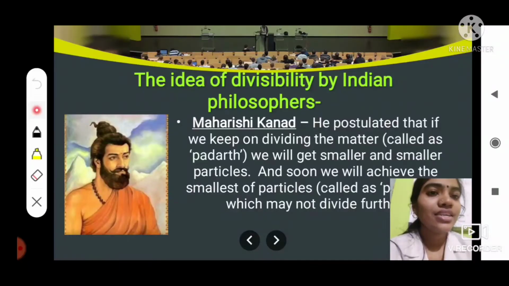Let us go through the history of atoms. Greek philosophers proposed the idea of divisibility of matter.